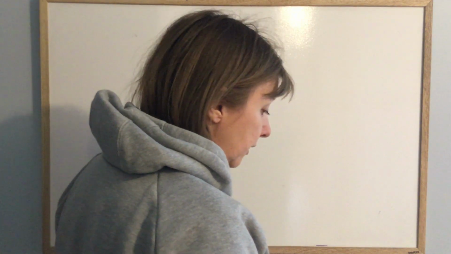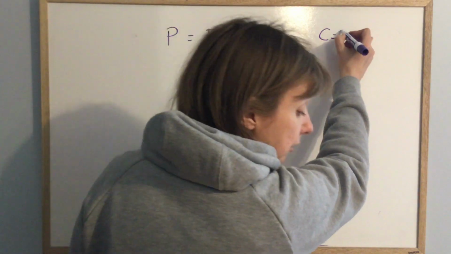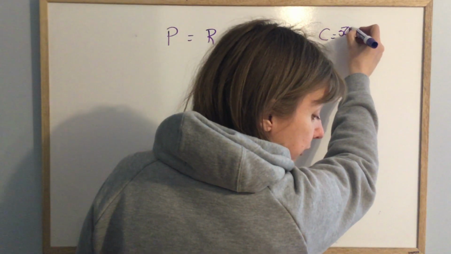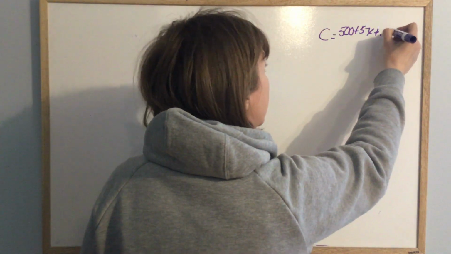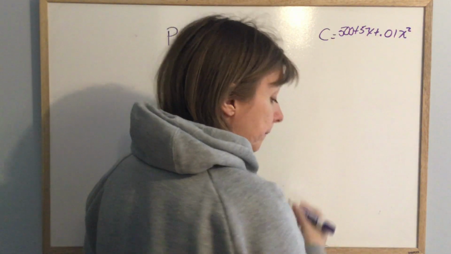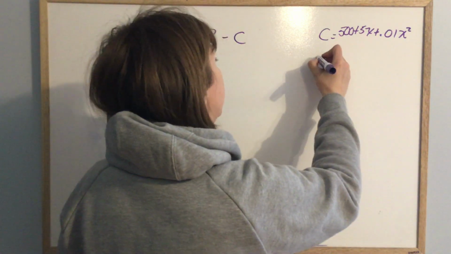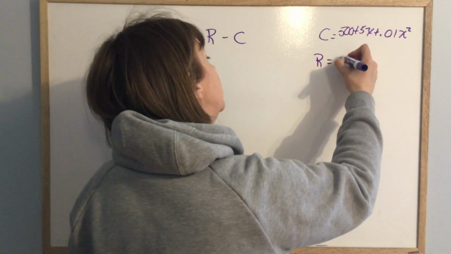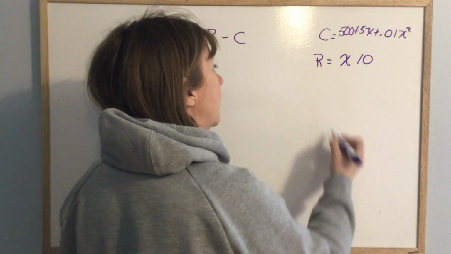In B, they tell you that the cost is really long, 500 plus 5x plus 0.01x squared, and they tell you that the price is 10. So that means that the revenue is the number I sell times the price.